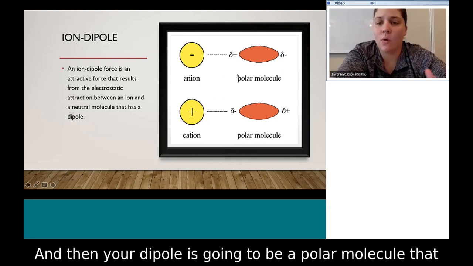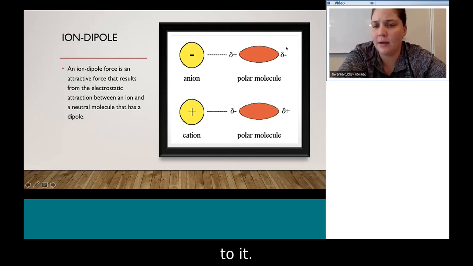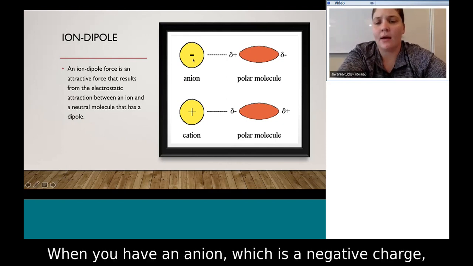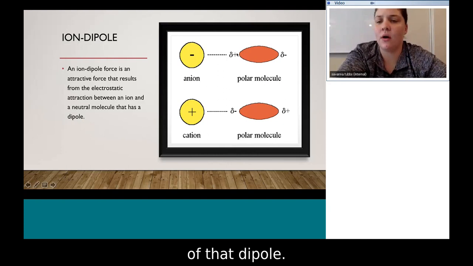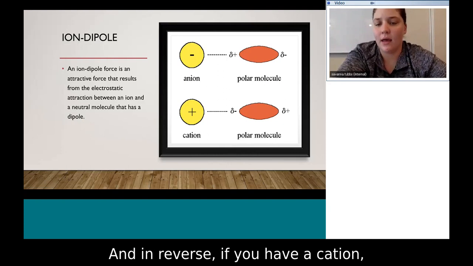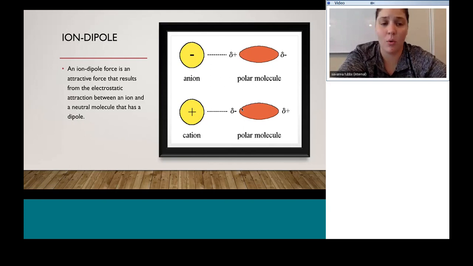Your dipole is going to be a polar molecule that has a partially positive and a partially negative charge. When you have an anion, which is a negative charge, it's going to be attracted to the partially positive charge of that dipole. And in reverse, if you have a cation, it's going to be attracted to the partially negative pole of that dipole.